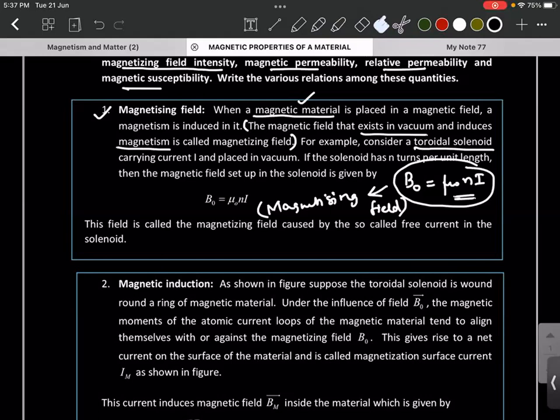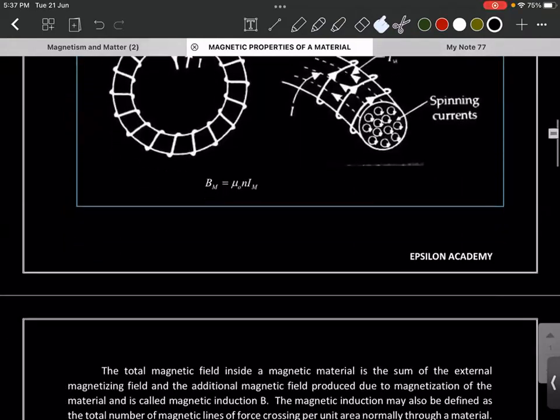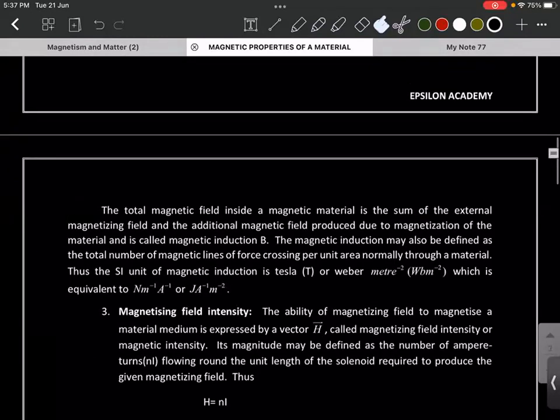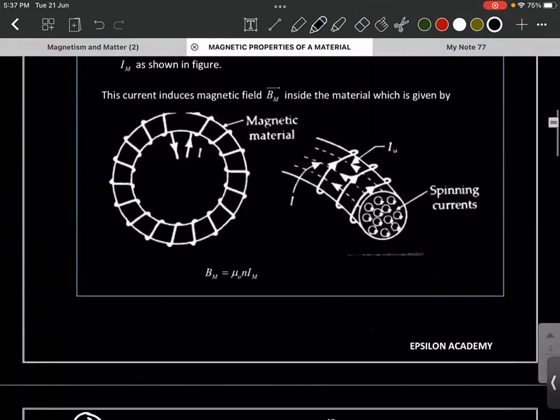If you are able to calculate the vector sum of the magnetizing field plus the induced field, then this is what is called magnetic induction.